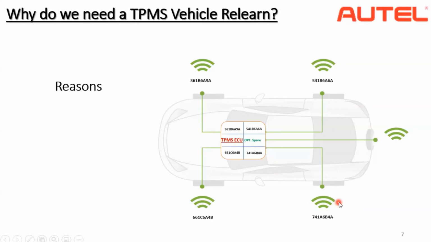And once that's done, the i-line system will give you inaccurate information on your dashboard, because the ECU still doesn't know that the position of the wheels has been changed.